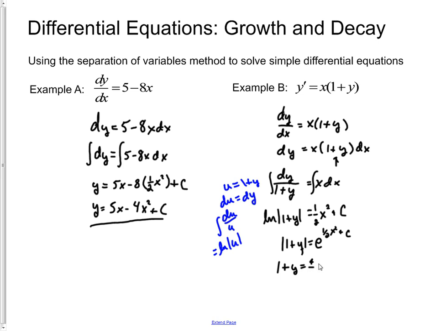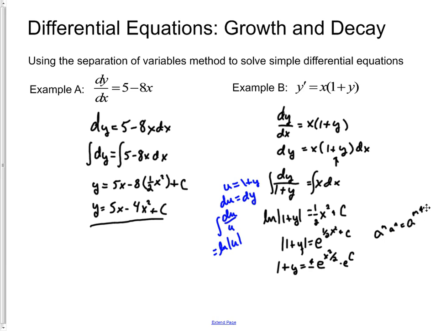e to the x squared over 2, I'm just going to rewrite it that way, times e to the constant c, which is interesting, right? Because remember, we're using that addition rule for multiplication, which told us that if we had a to the m times a to the n, it was the same thing as a to the m plus n.